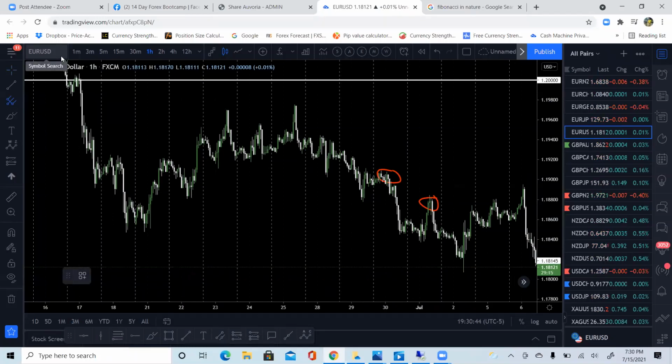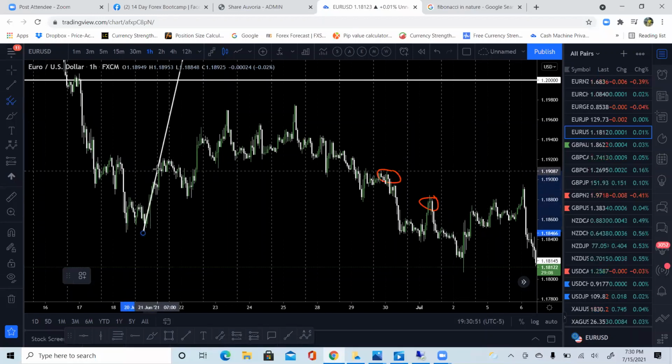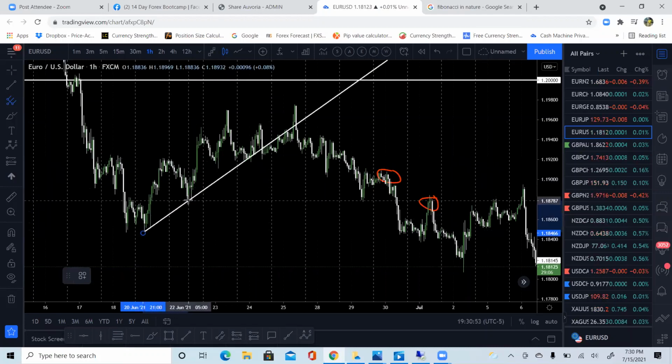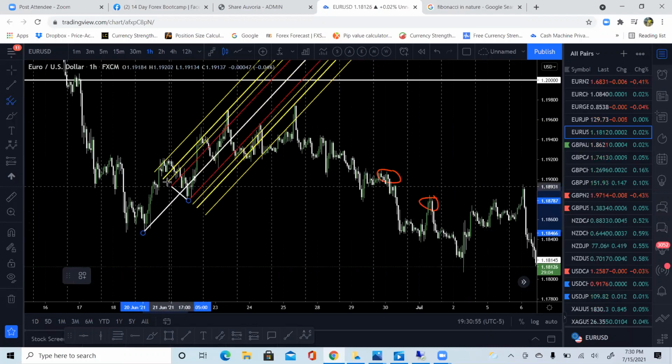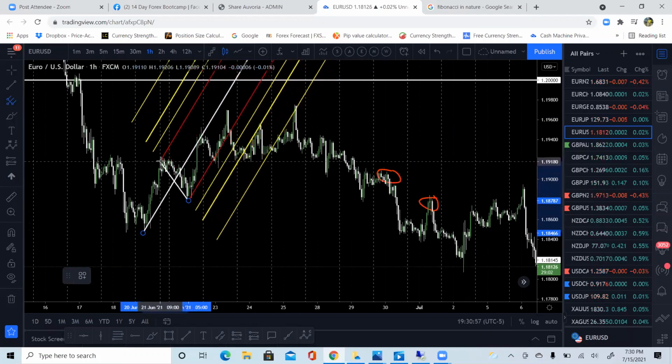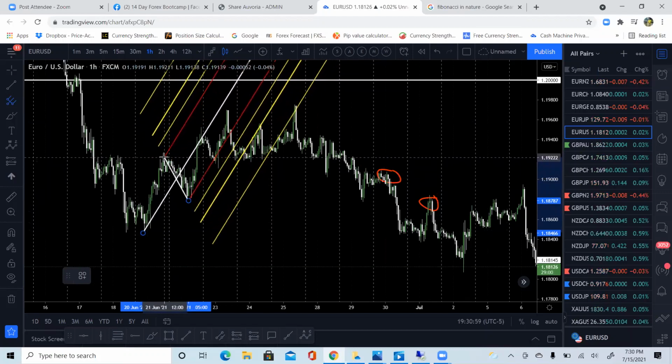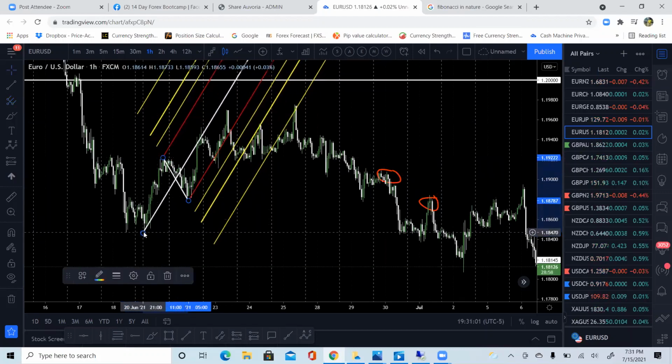The way you would draw a pitchfork is you would take a low, then go to the next low, and go to the next high. Now with a pitchfork, you see how this isn't quite even. There's two versions of a pitchfork. You have your standard pitchfork where you can just draw this and price looks even.